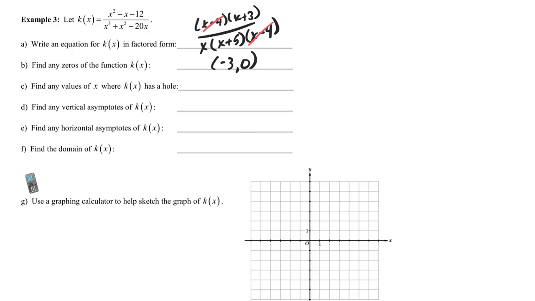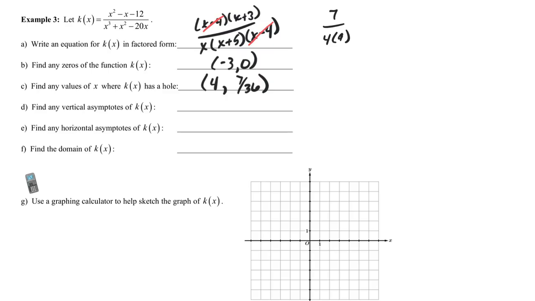Do I have a hole? Well, I did just cross things out, so I have a hole at 4, and let's put that 4 in and see what we have left over. I have 7 on the top, and then I got a 4 times a 9 on the bottom, so that looks like 7/36, right?